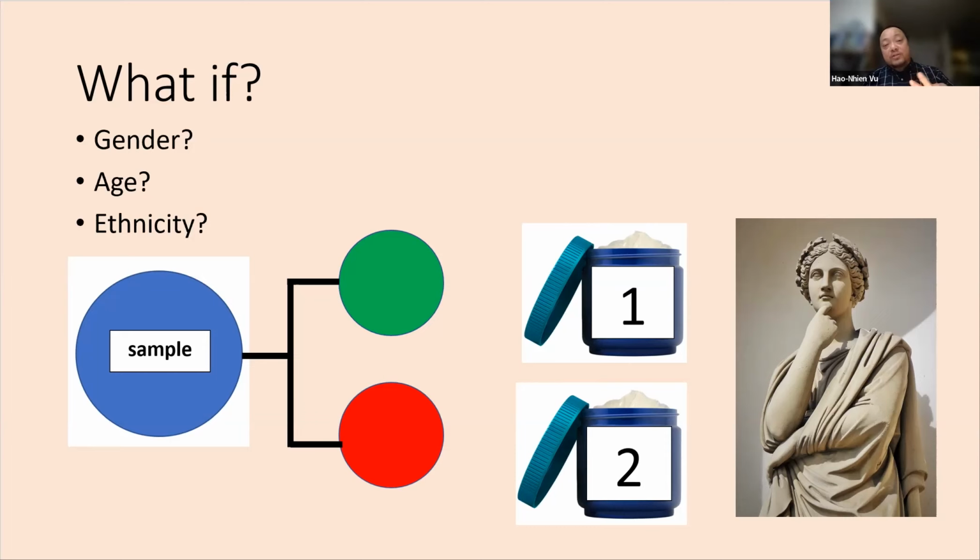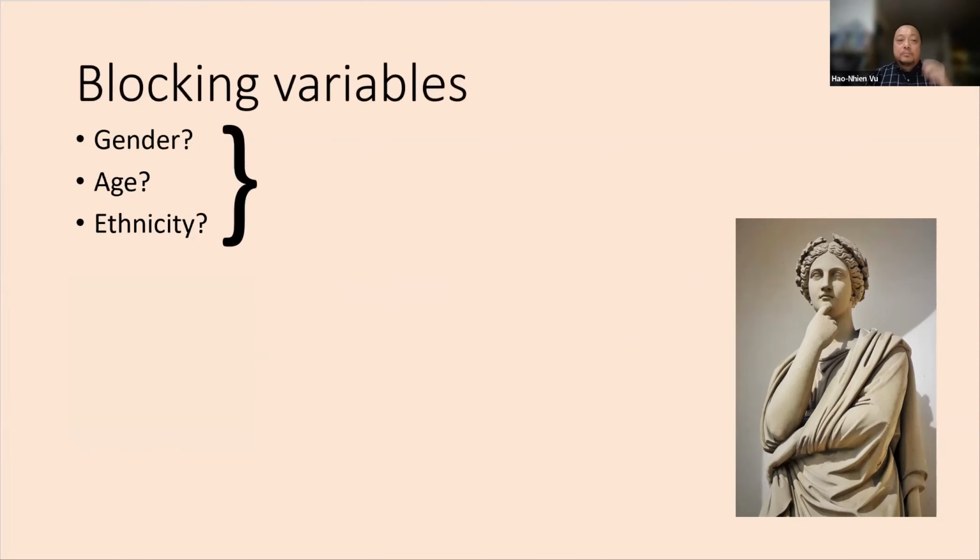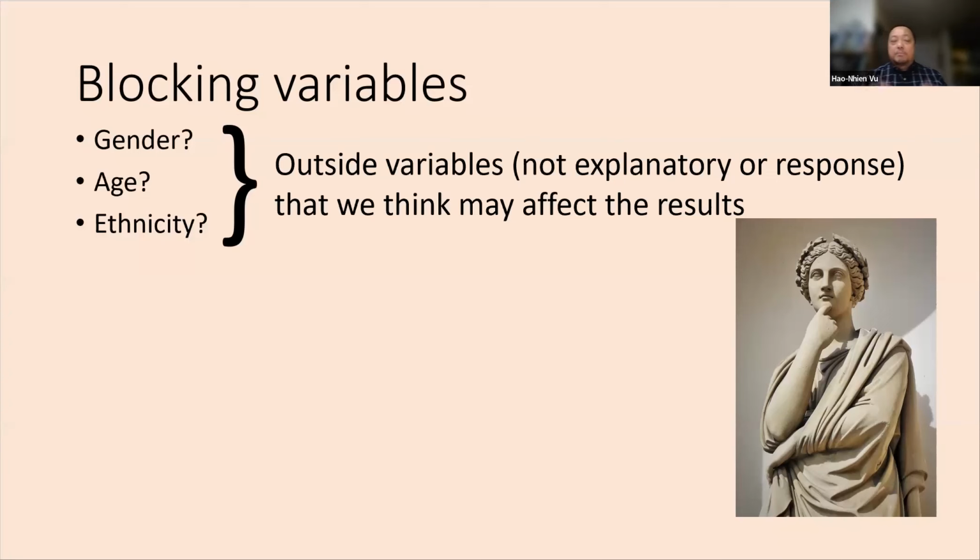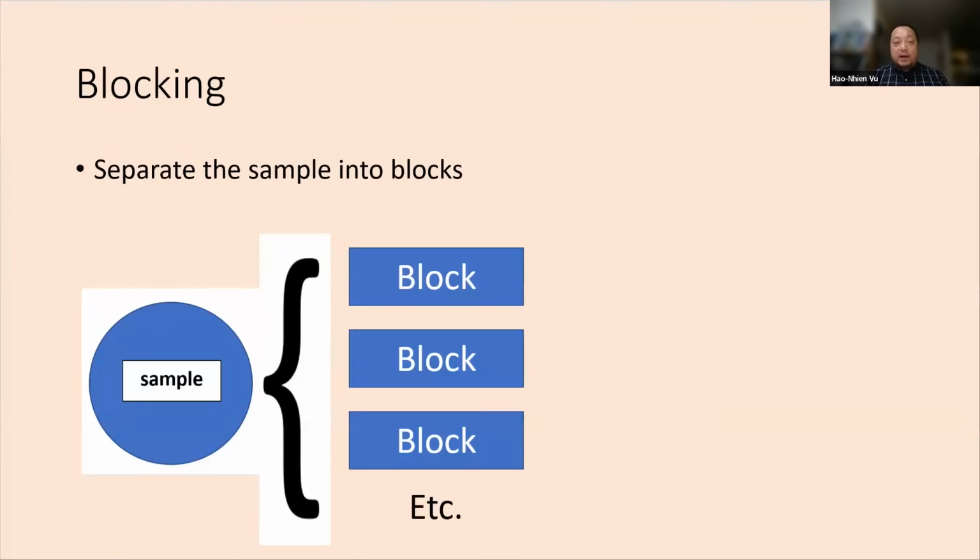So those 3 things that our colleague brought up, gender, age, and ethnicity, they're called blocking variables. A blocking variable is a new variable, an outside variable other than the explanatory and the response that we think may affect the results. And what we do with the blocking variable is to block.